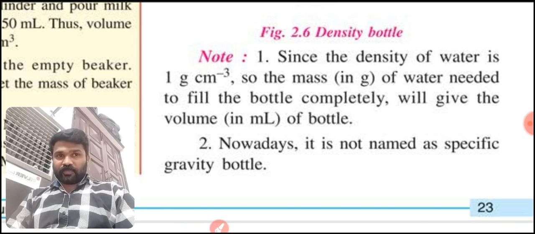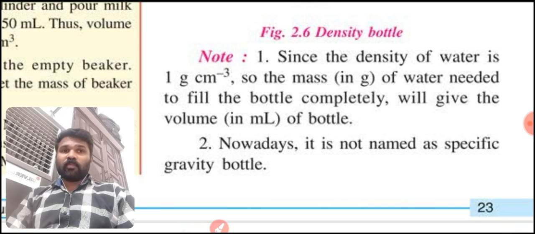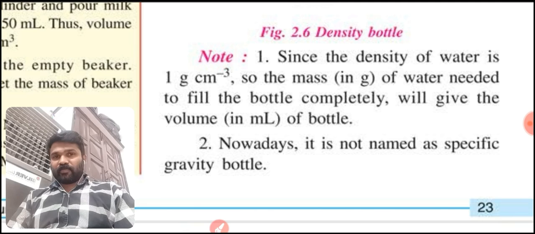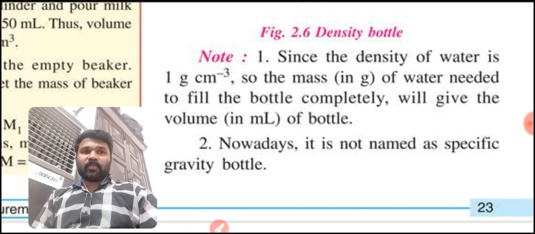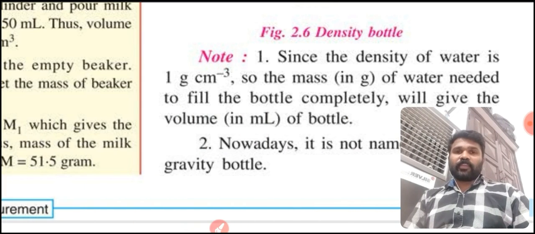So the mass of water needed to fill the bottle completely will give the volume of the bottle. Nowadays, it is not named as specific gravity bottle.